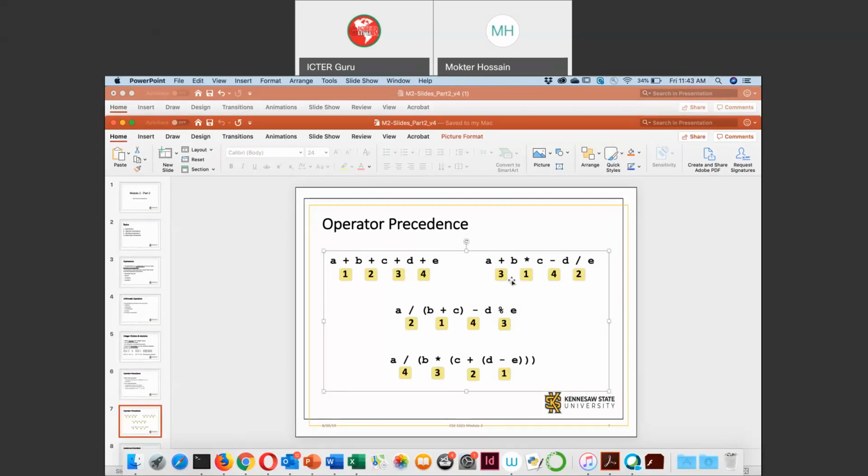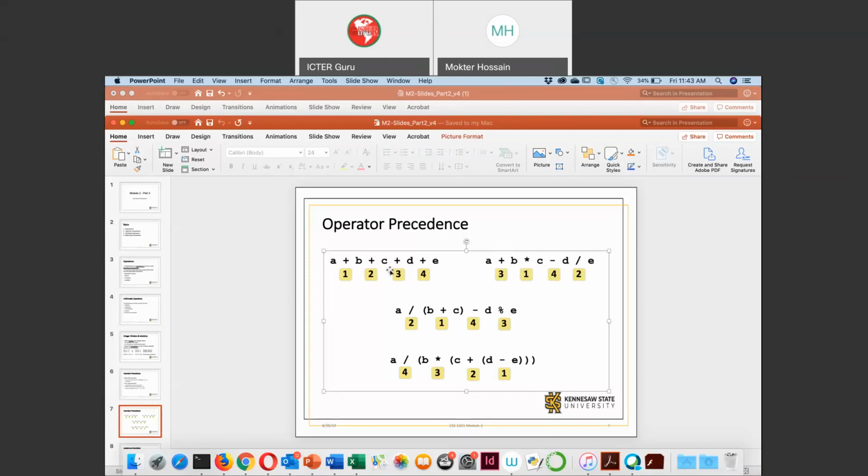So in this expression on the right side, a plus b times c minus d divided by e, which one will be executed first? This operation, b times c. Then the division sign will be executed, then the addition sign, then the subtraction sign.